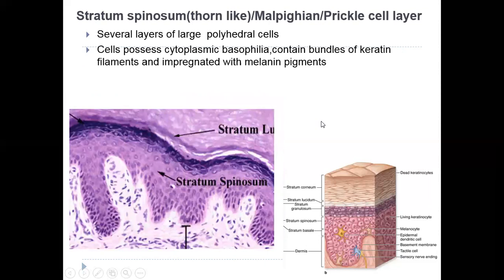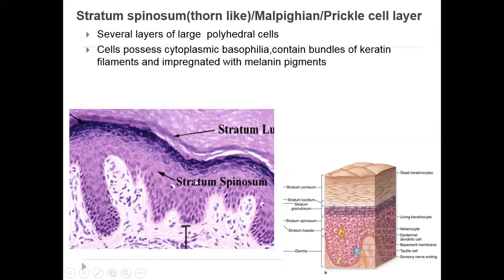Coming to the next layer, that is stratum spinosum or thorn-like layer, Malpighian layer or prickle cell layer. This area, stratum spinosum. There are several layers of polyhedral cells. Polyhedral cells are seen here, which can be several layers. Whereas stratum germinativum, basal, it's a single layer. Stratum spinosum are multiple layers, and they take the basophilic stain.